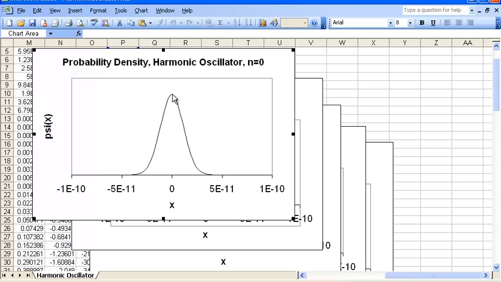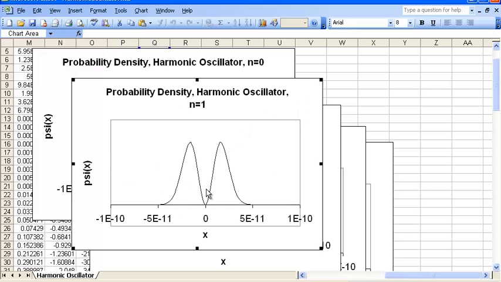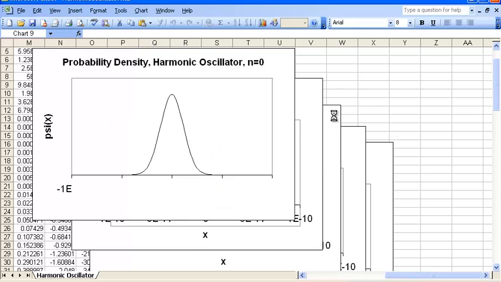We said it's maximum here at 0, but classically you expect that to be minimum. All right, let's go to n equals 2. Well, there it is, a minimum, but there's not that smooth curve you would expect. Let's do n equals 3.